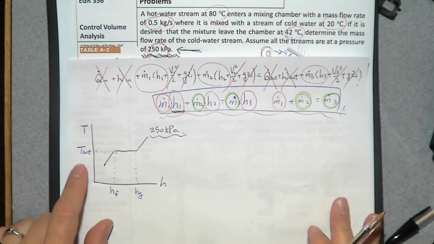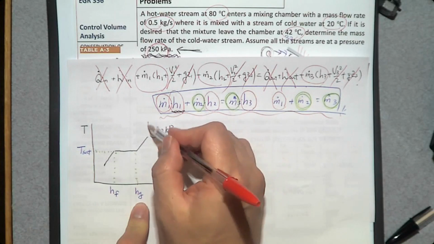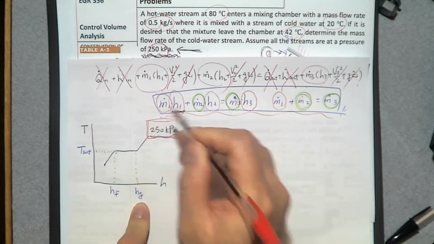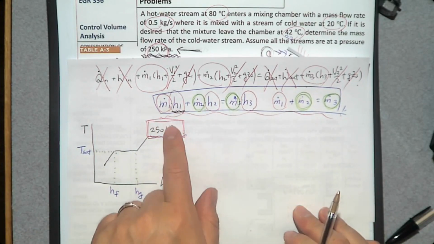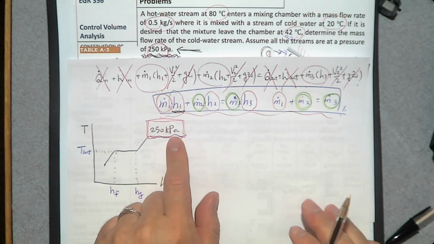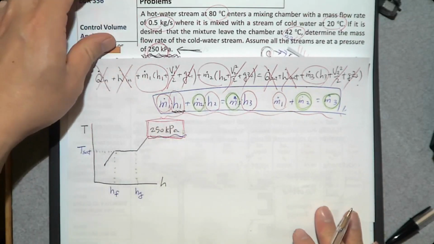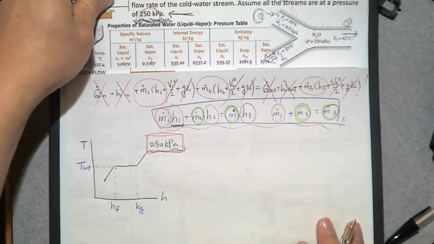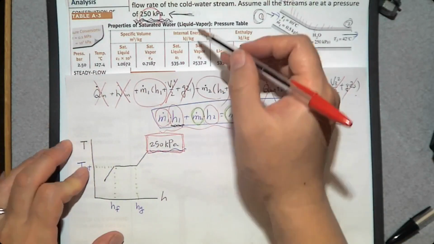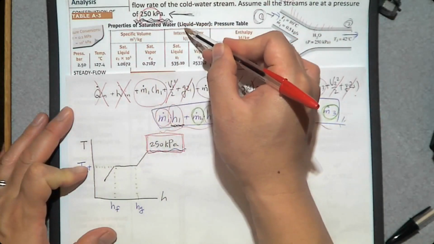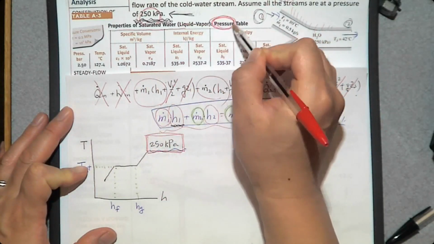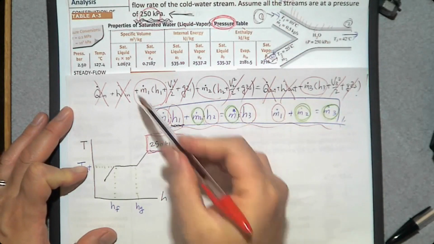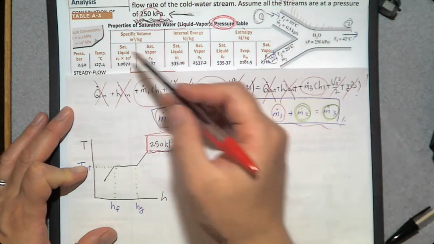We can find T sat, hf, hg from where? From this pressure. That means we need to find the saturated water pressure table, which is right here, Table A3, properties of saturated water, pressure table. So if you know pressure, you can find their properties.